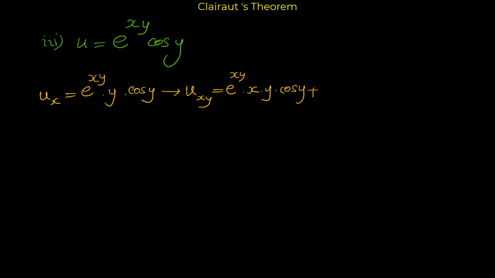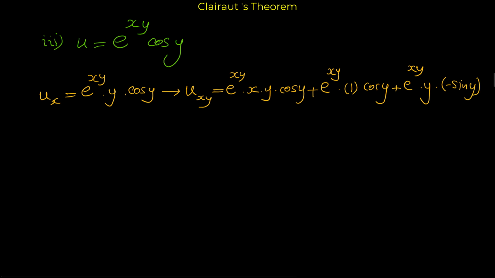Plus, now we keep the other two and take the derivative of the middle term. The derivative of y is 1, so then we have e to the xy times 1 times cosine y. And finally, we rewrite the first two terms and take the derivative of the last one. The derivative of cosine y is negative sine y.